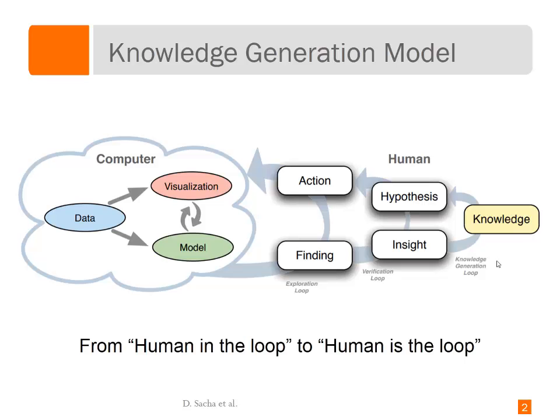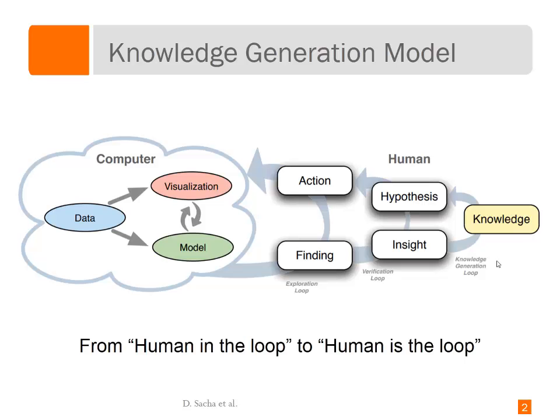This is a model that provides the different aspects of how a human is in the loop, and how we can move from the human being in the loop to the human is the loop, which is a way of saying, how do we integrate human visualization or visual processing capabilities into a larger knowledge generation model that uses algorithms and different types of analytical processing.